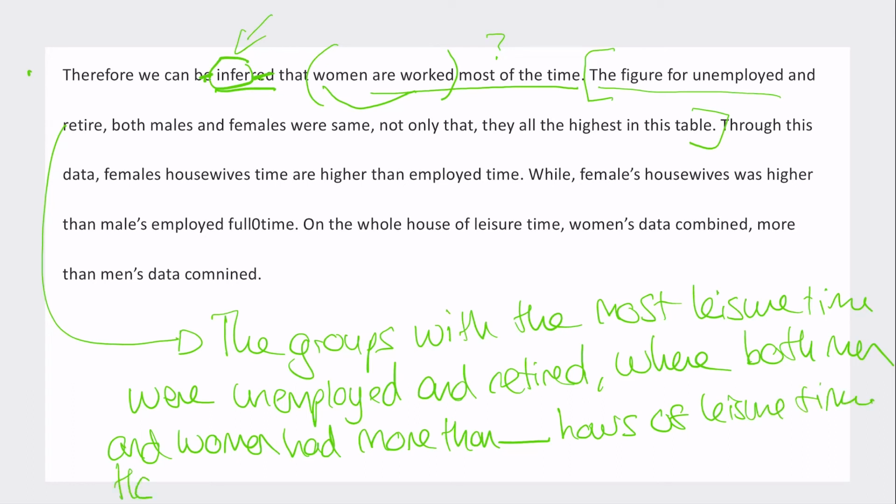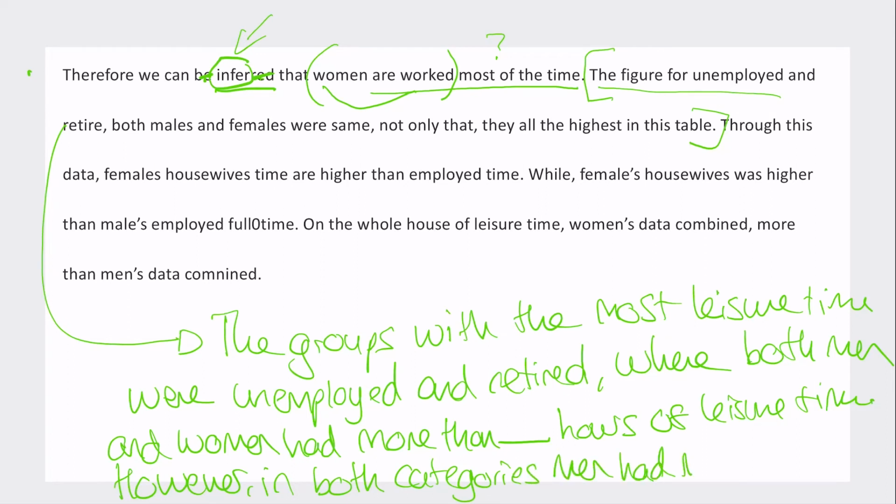However, in both categories, men had more leisure time than women.